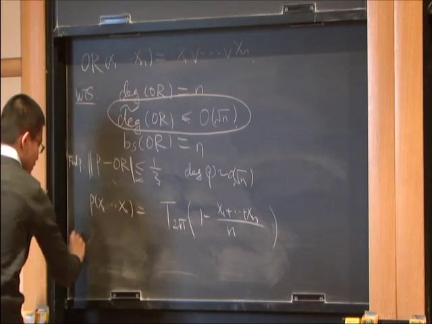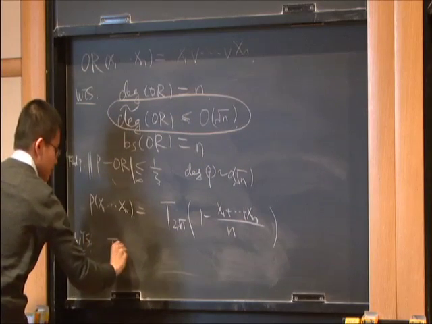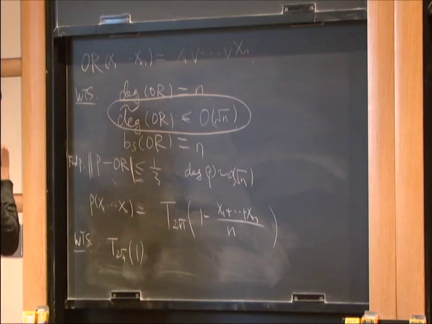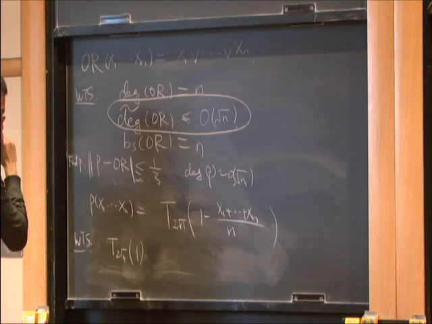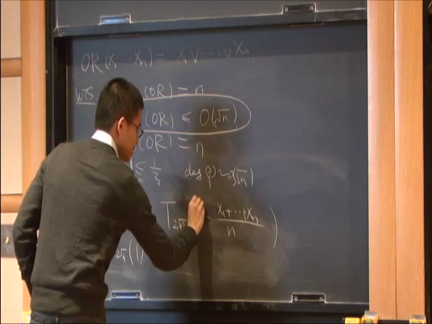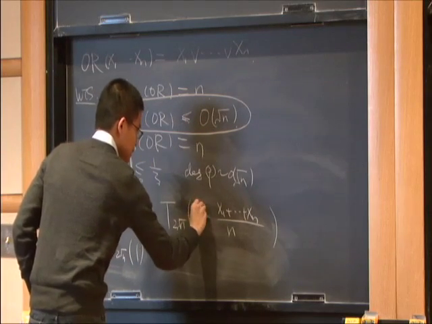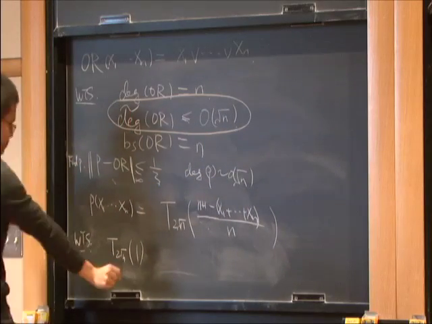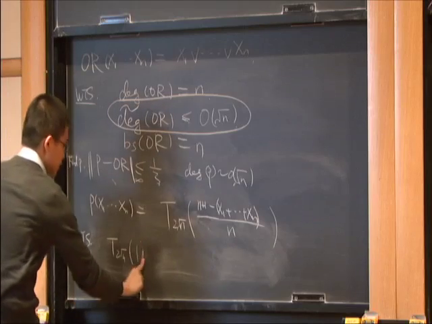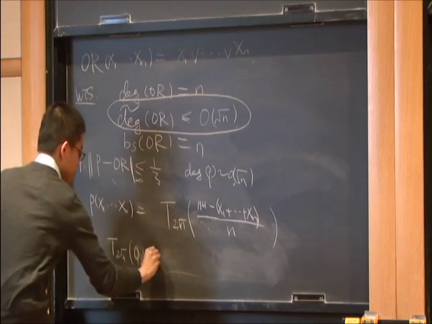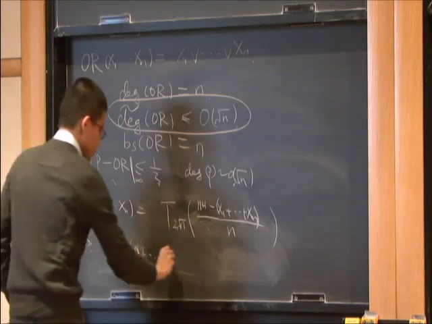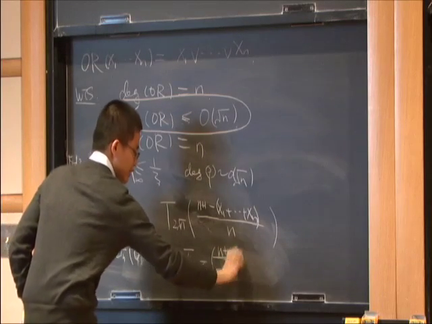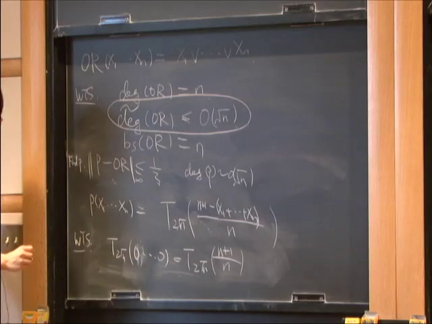So basically we want to show that T_2√n of 1 — so I think it's n plus 1 minus this thing. Okay, doesn't matter. If everything is equal to 0, then this function value is the value at n plus 1 over n.